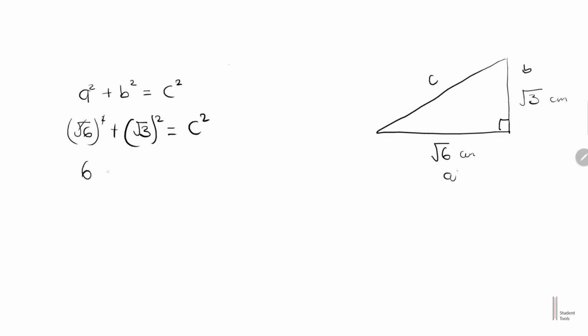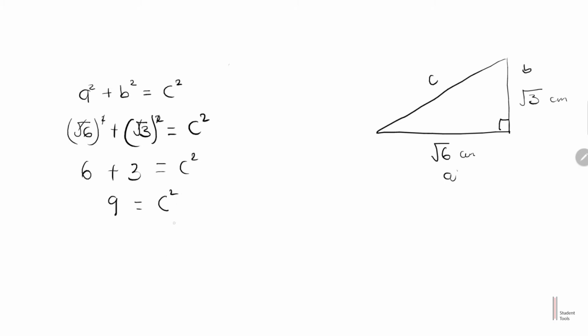And then here it will cancel the root as well, such that we will be left with a 3. So this will be equal to c squared. So 6 plus 3 is equal to c squared. So what is 6 plus 3? That is a 9, equal to c squared.